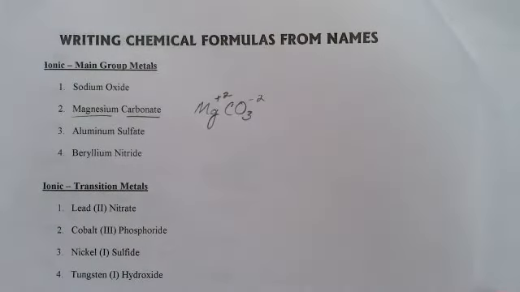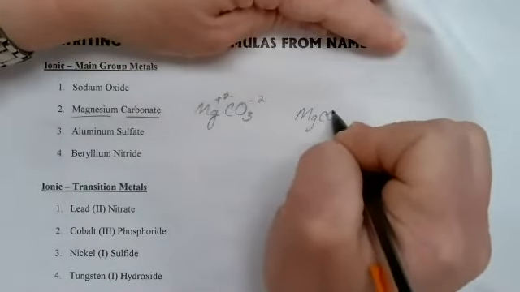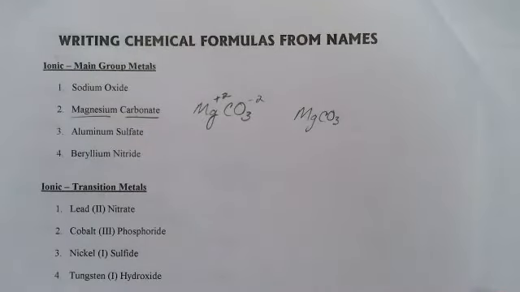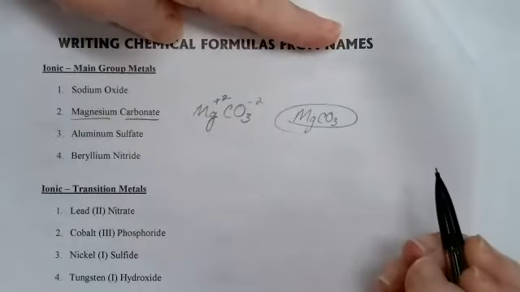Already, one of each will deliver a neutral compound. And so MgCO3 is it. We want to be writing our formulas free of charges, even though we know they exist as charged species. Okay, so there we go.